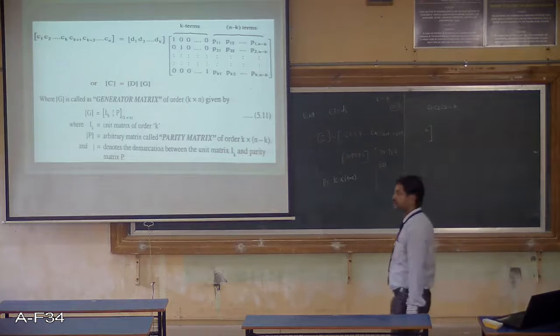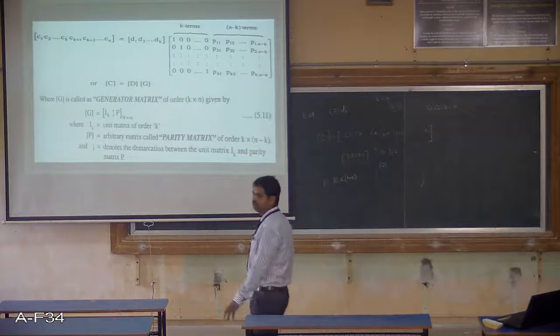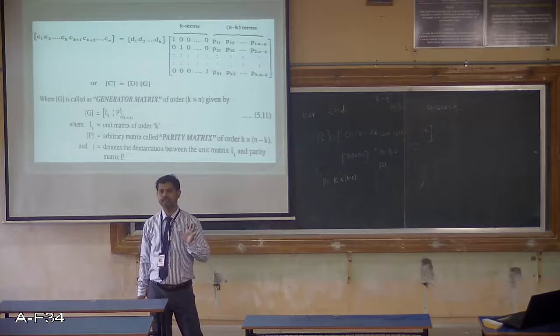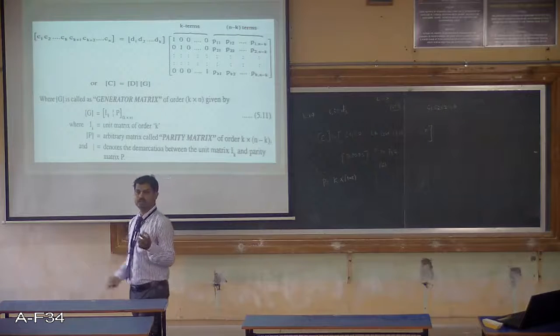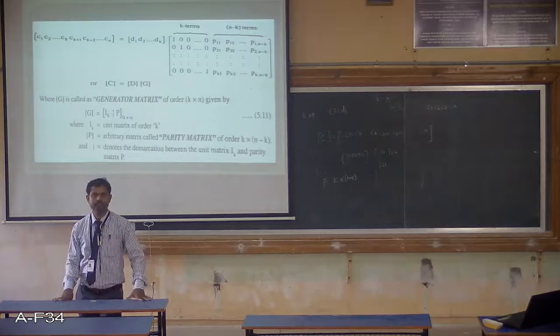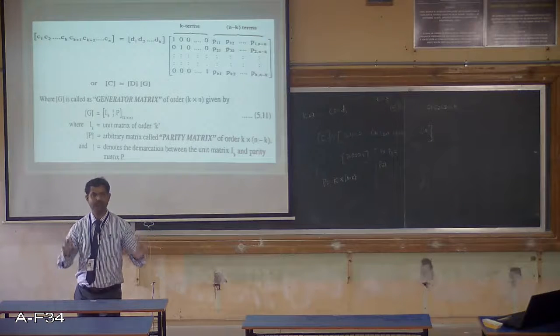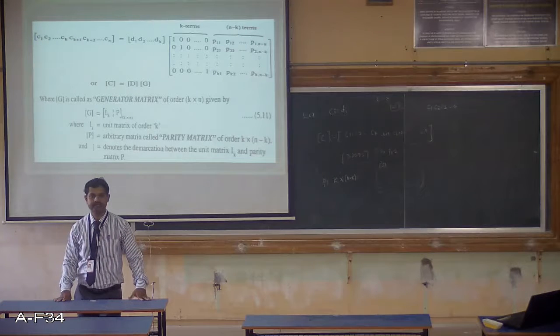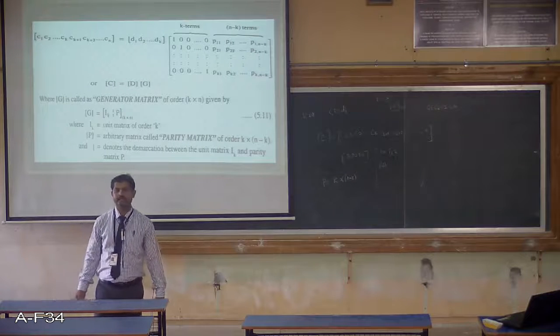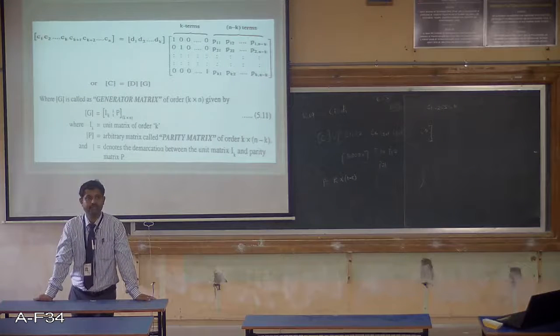If you want to generate the code word, this is the simple formula, D G. The data vector has to be multiplied with the generator, whereas your generator is a combination of identity and parity, right? If you know k, I can produce the identity matrix. If k is 5, then the identity matrix is of order 5 into 5.